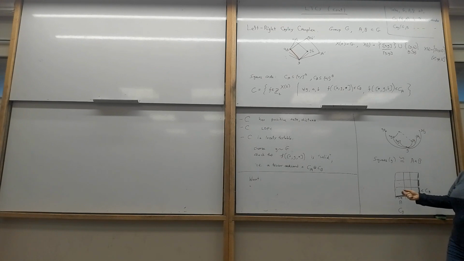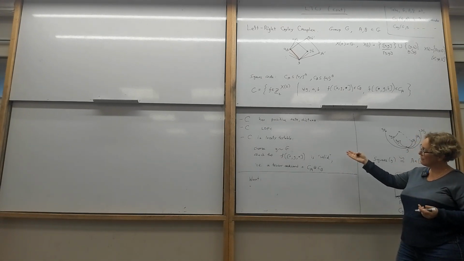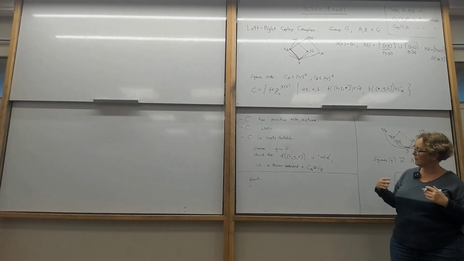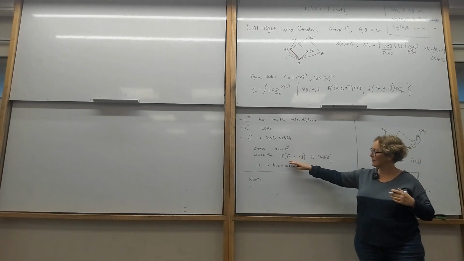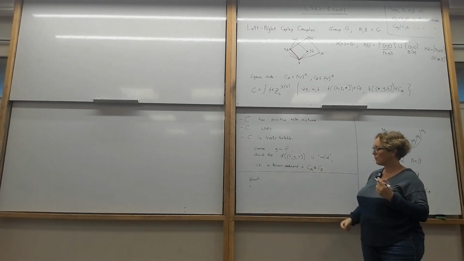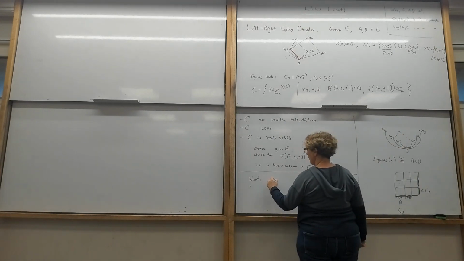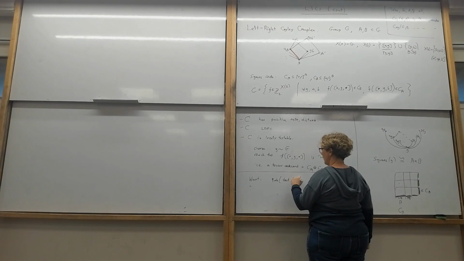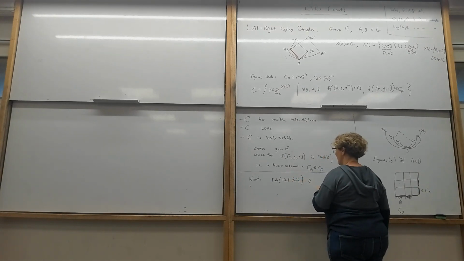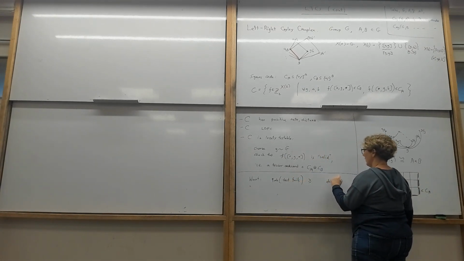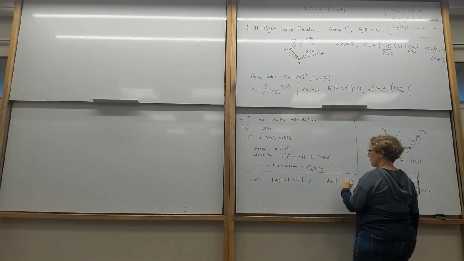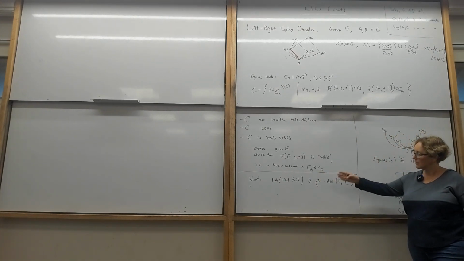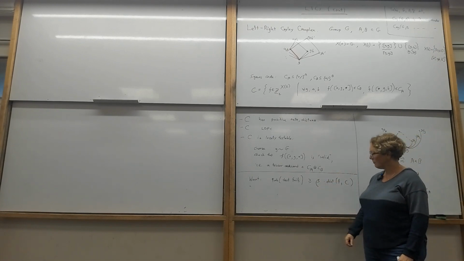So what you have left to prove is that if the test fails with some probability, this is an upper bound on the distance of F from the code. So you want to relate these two things. One is the probability that the test fails, and one is the distance of F from the code. And you allow yourself some constant here. And this constant is the local testability constant.